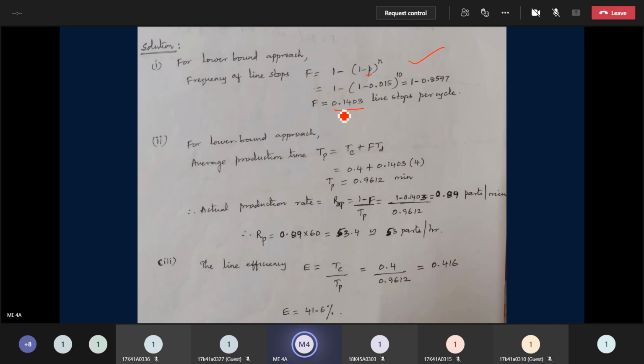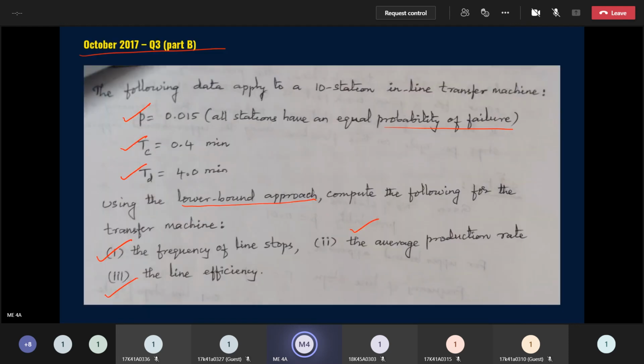So that gives 0.1403 as the frequency of failure. Now, for the lower bound approach, average production time is equal to TC plus FTD. TC is 0.4 minute, that is given in the problem itself. TD is 4 minutes.